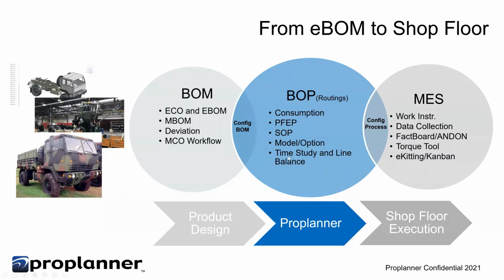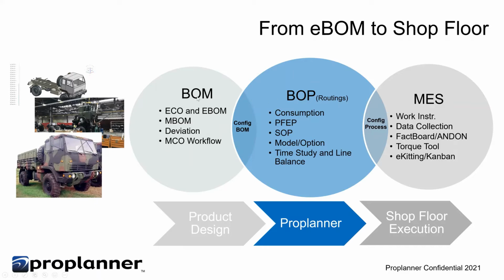There are some key elements that go into defining the process in Proplanner. From those key elements, we are able to create what we call configured process, which is process catered to a unit, operator, station combination on the line. And that process knowledge gives us the ability to do work instructions, collect data on those units, allow the operator to file issues from the line, display torque tool by the unit, and e-kitting and e-Kanban.